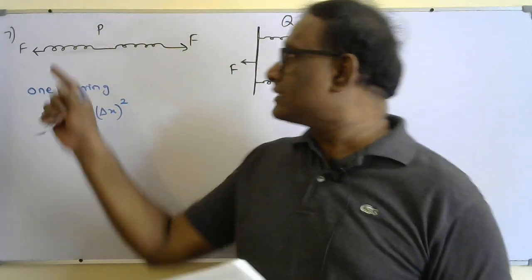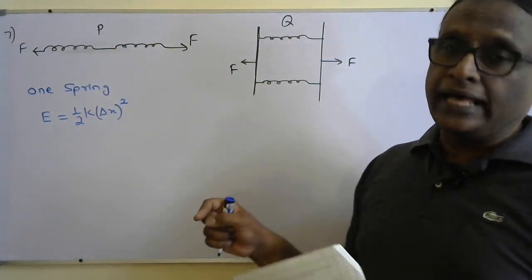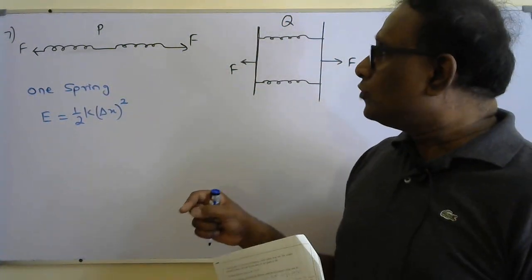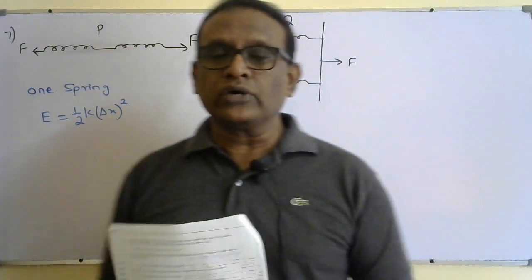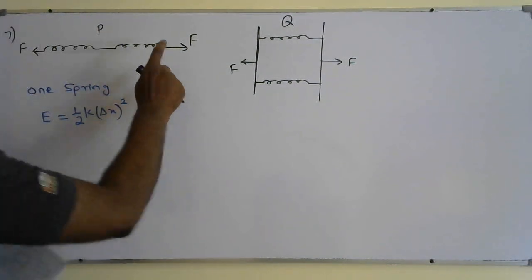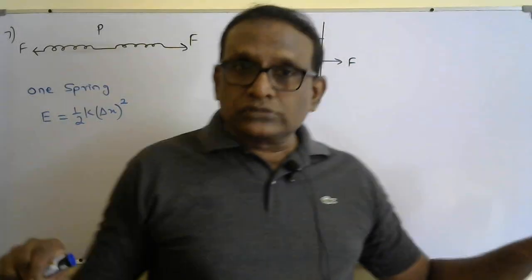So here two springs are connected in series. Here two springs are connected in parallel. Right? So what would be the total energy in this system and this system? Okay, so here the force F is acting on both springs because they are connected next to each other.